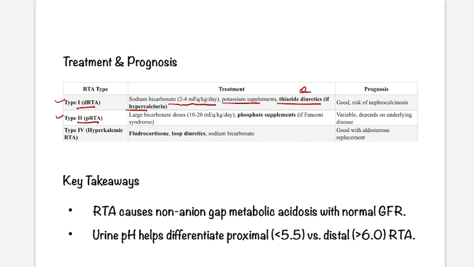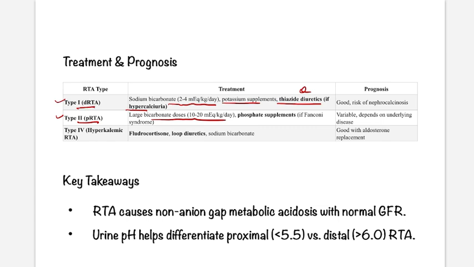Type 2, proximal RTA. See, in this type of RTA, the main problem is reabsorption of bicarbonate. Bicarbonate is not getting reabsorbed, bicarbonate is getting lost. So give large doses of bicarbonate. How large? Just remember 10 to 20 mEq per kg per day.